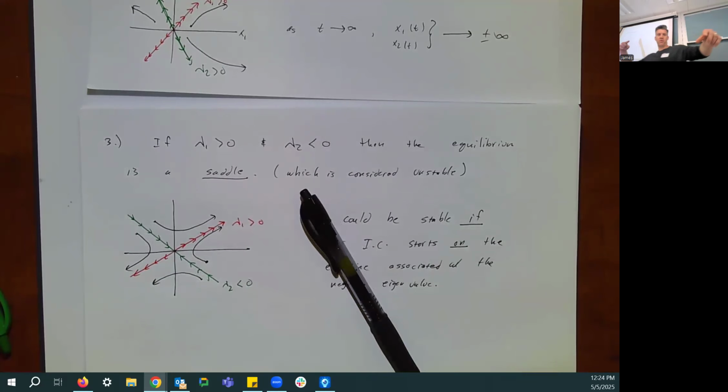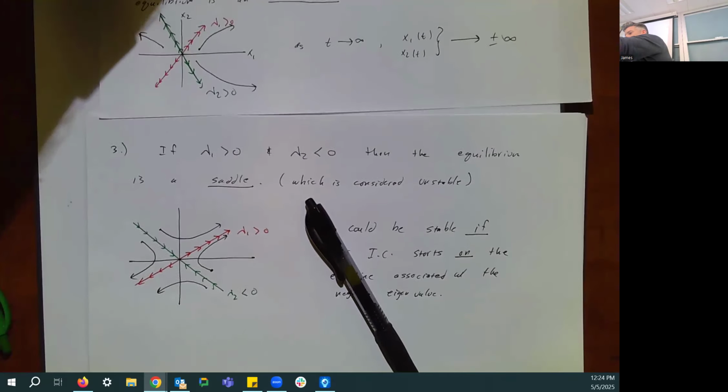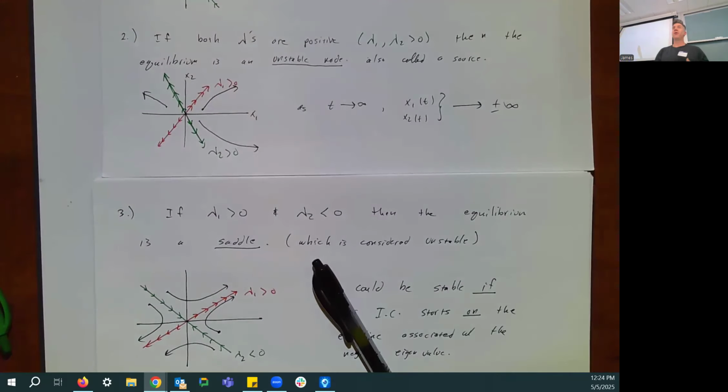But it's kind of like trying to ride the top of a ridge. If you're right on top, you're not going to fall off the side. But as soon as you tip over one side slightly, you're far and away gone. So these are the three things that can happen with real eigenvalues: either both positive, both negative, or one of each. And the only stable one is when they're both negative.